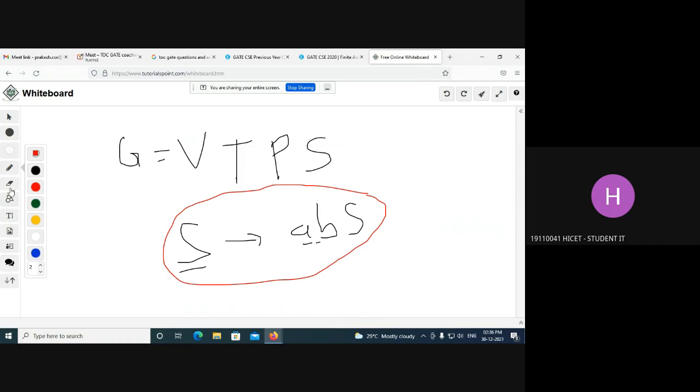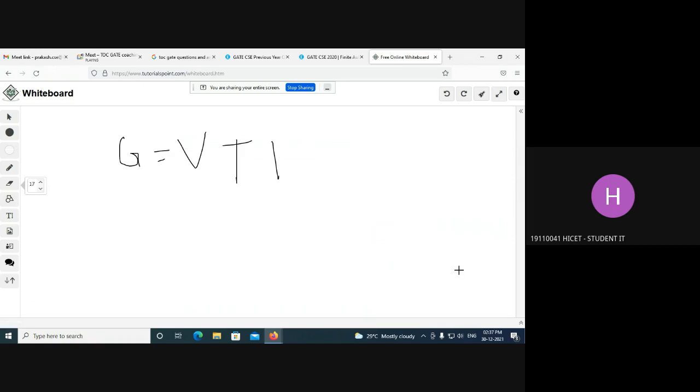In the question, you may notice 0 star. What will be the output for this?